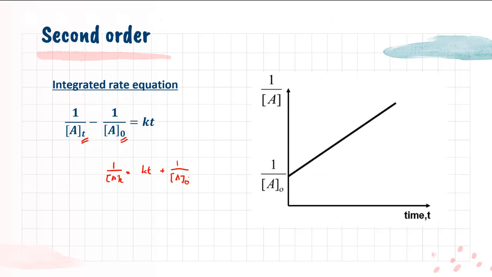The graph looks this way: 1 over [A]t is your y-axis, the intercept is 1 over [A]0, and your x-axis is time t. The gradient m equals k, a positive slope.